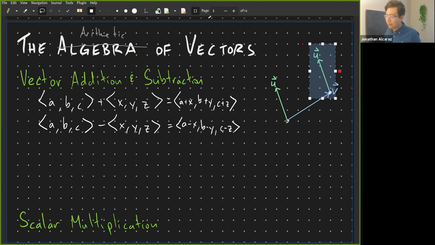So you put the base of u on the tip of v, and then you just see where you end up. So basically, you go here and then here, and that's telling you where you end up. So you do this in another color. And this here in this pinkish purple color is u plus v.